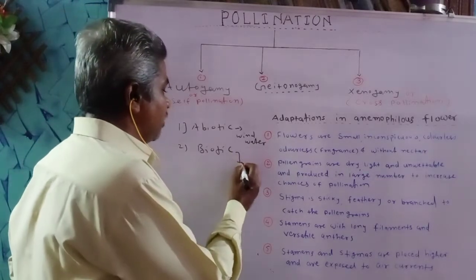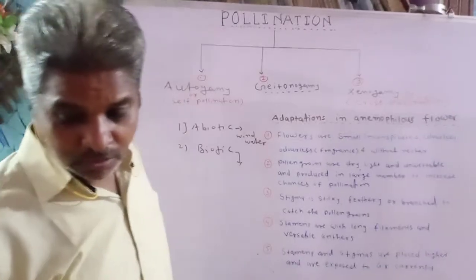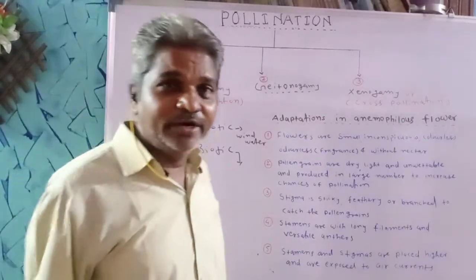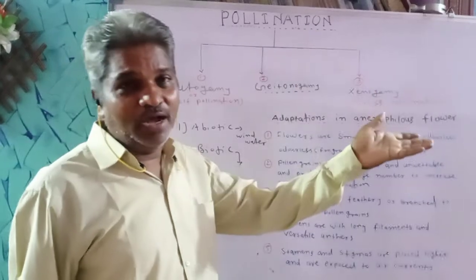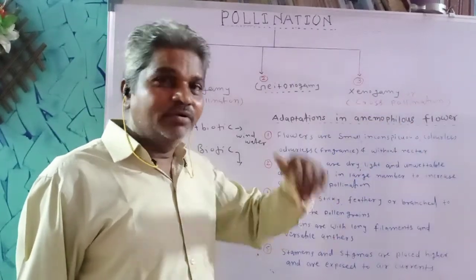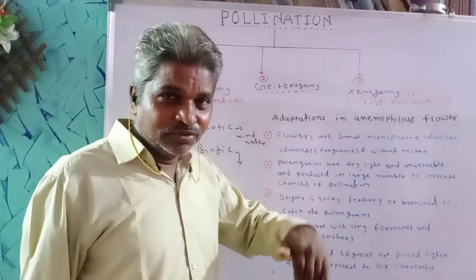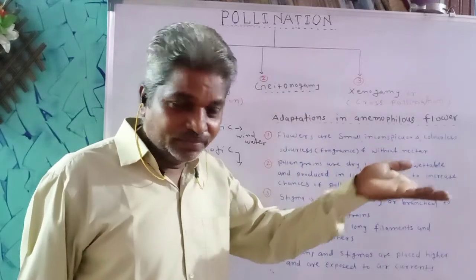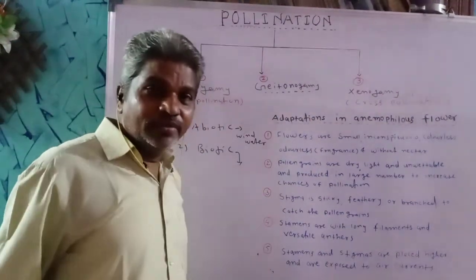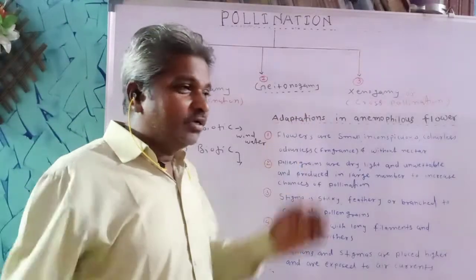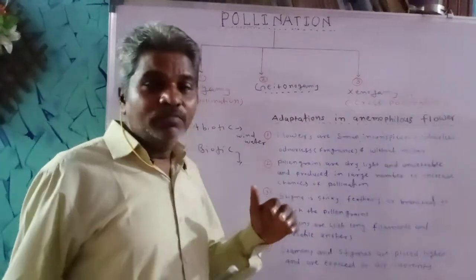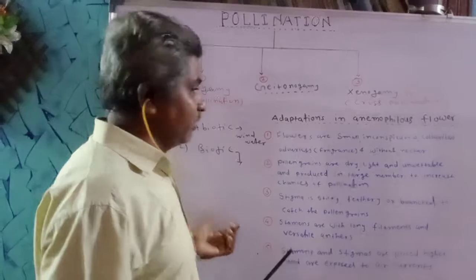Similarly, there are biotic agencies. Pollen grains are carried from anther to the stigma of the same flower or another flower belonging to the same plant or a different plant.